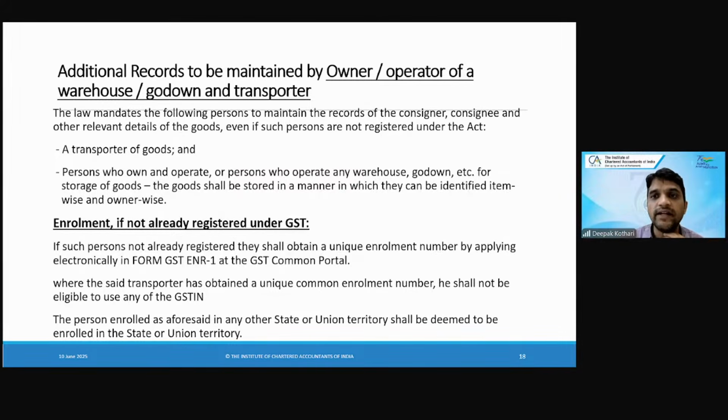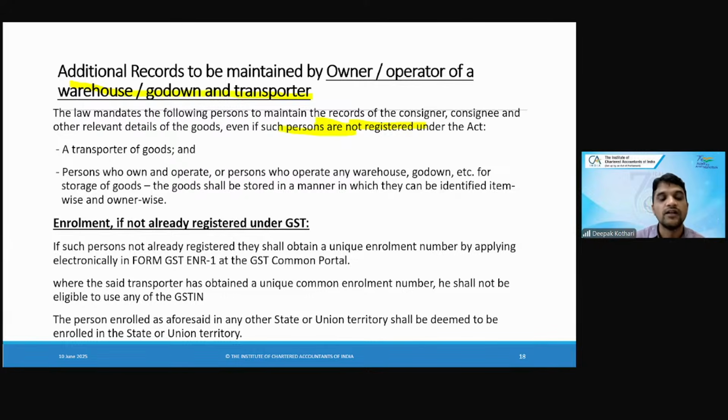Additional records to be maintained by an operator of a warehouse. As we had said, an operator of a warehouse will have to maintain these even if he is not registered. This is very important, because generally we feel only a registered person has to maintain records, but a warehouse keeper and a transporter, even if not registered, still have to maintain the following records.